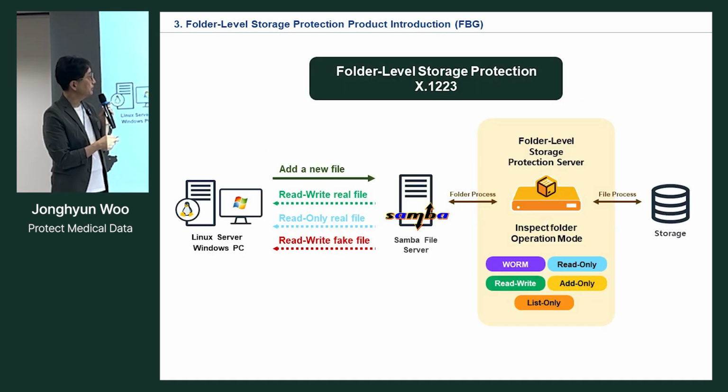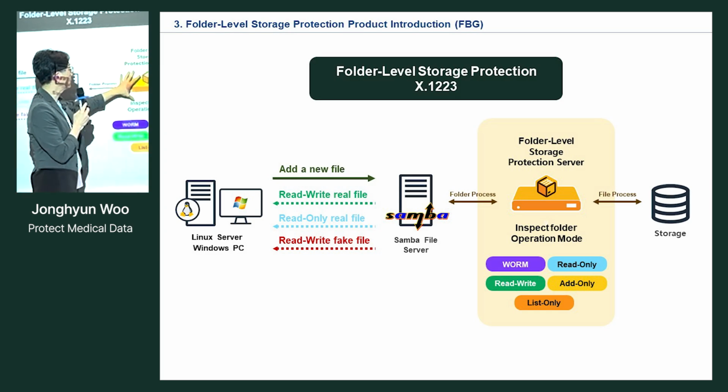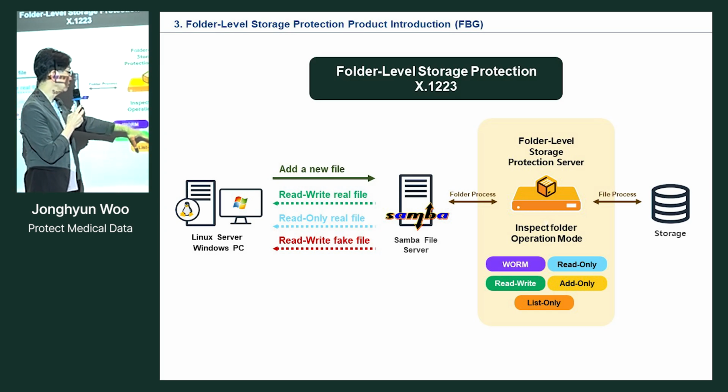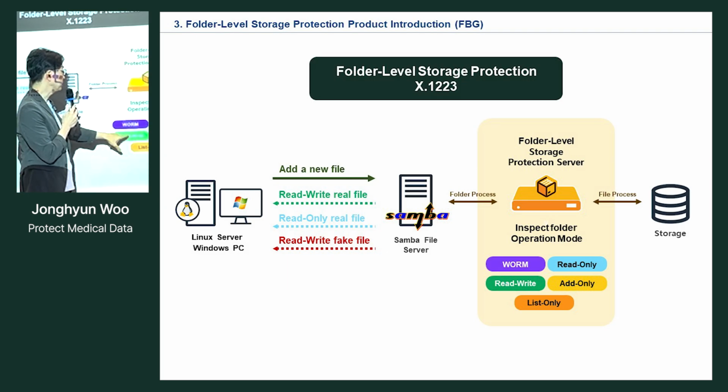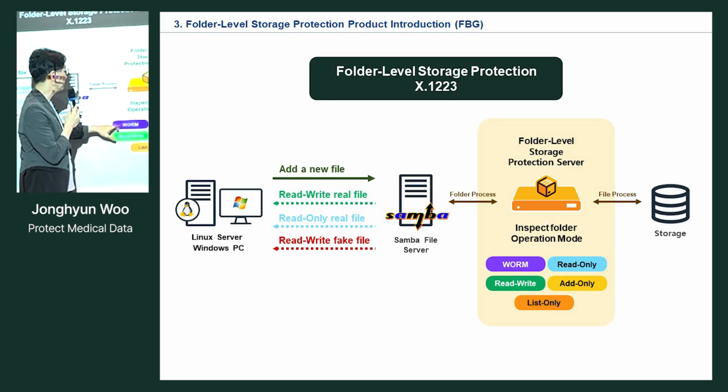In the middle, the storage protection server gives 5 options to the admin. After providing a folder to the user, if the folder operational mode is set as WORM, it starts to work as WORM.